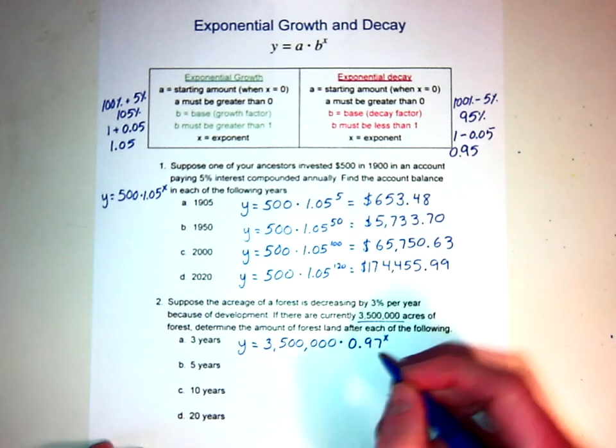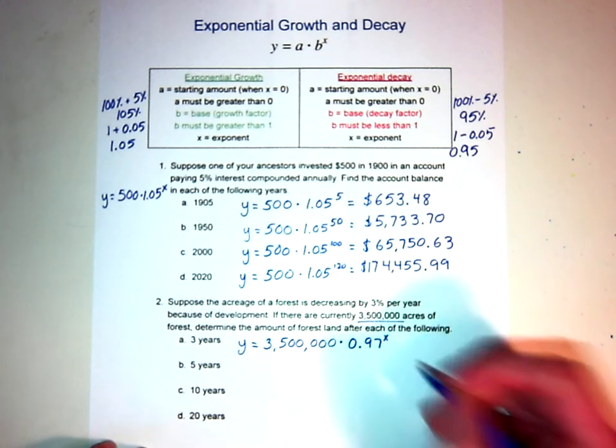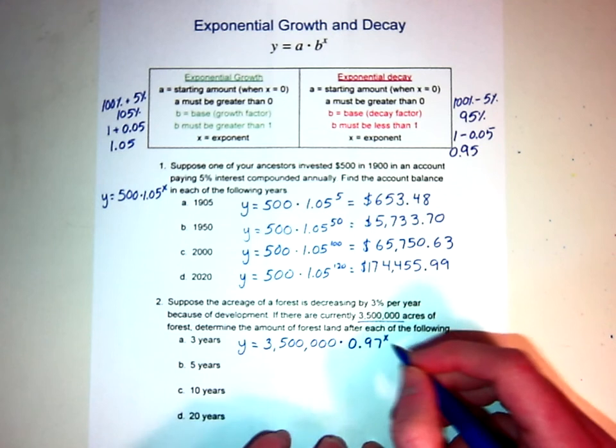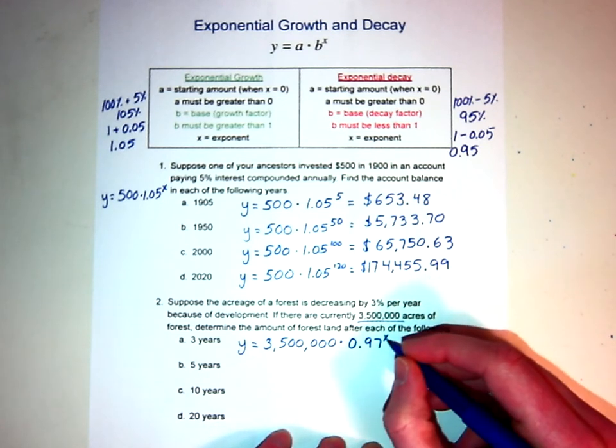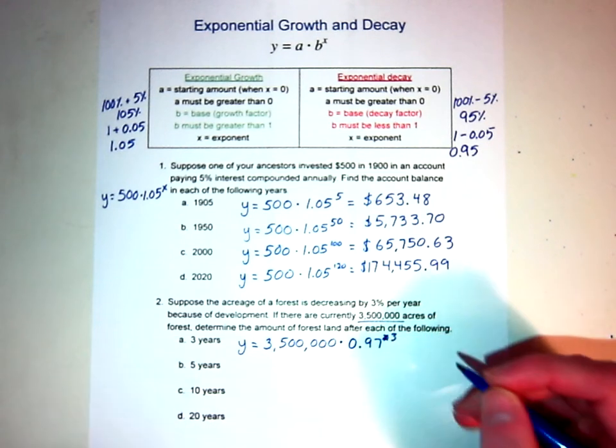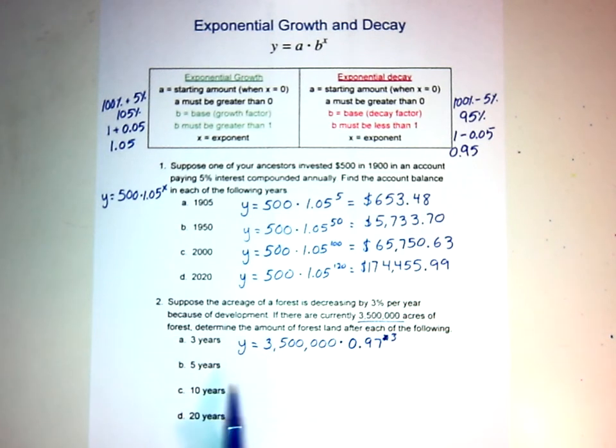So we need to plug this in. For that x, it's going to be 3. I'm not going to rewrite it out because I don't have space. I'm sorry, I'm going to scribble that out. It's 3. My formula is y equals 3,500,000 multiplied by 0.97 to the x power, but I don't have space to write it right now. So let's plug it in. 3. Let's make sure I put in enough zeros.